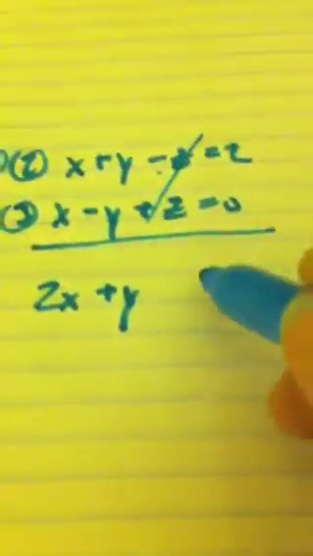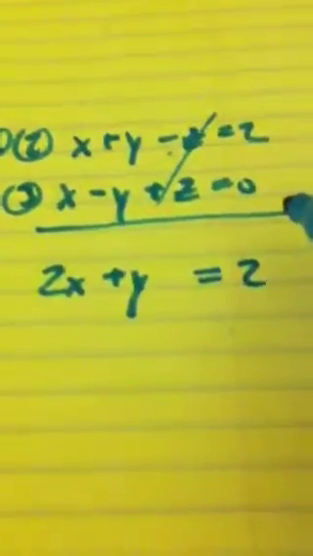Equation 2 was x plus y minus z equals 2, and equation 3 was x minus y plus z equals 0. Adding those, I get 2x plus y, the z's go away like we planned, equals 2.